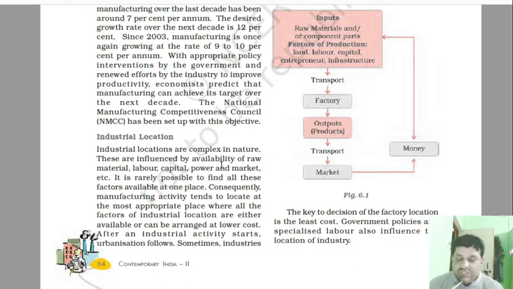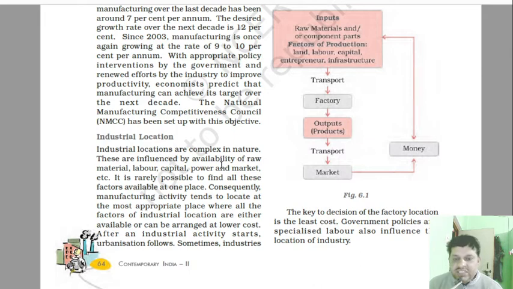It should not be such a situation that you wish to establish industry anywhere and you can establish there, but the production cost increases, so the products will not be sold in the market and the industry will collapse, because the produced item needs to be sold in the market. So least production cost is the key factor.